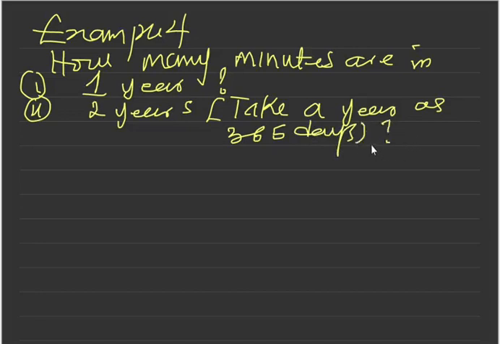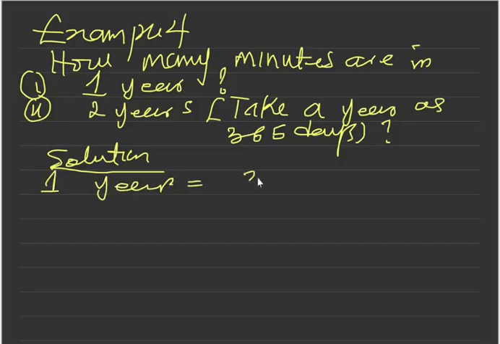So let's now see how we are going to see how many minutes we can see in a year. As he has been given from the notes here, 1 year is equal to 365 days.